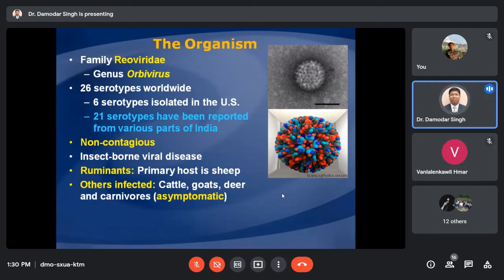As I have already mentioned, it is non-contagious and vector-borne, or insect-borne, a viral disease mainly of sheep. But sometimes other animals like cattle, goats, deer, and even carnivores can be affected, but mostly they remain asymptomatic. Okay, meaning they can be infected, right?